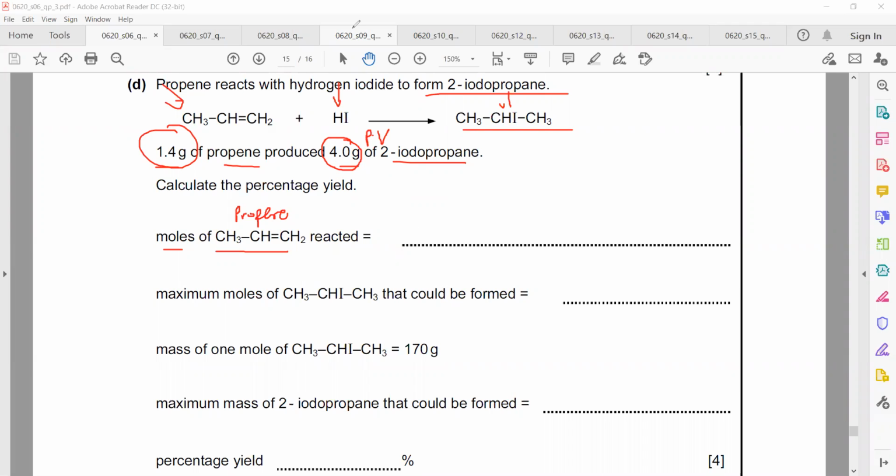If we need the moles and the mass is given, the formula is moles equal mass in gram divided by molecular mass or relative molecular mass. We have the mass in gram, but we don't have the relative molecular mass. But you can work out the relative molecular mass. That's why they give you the structure.